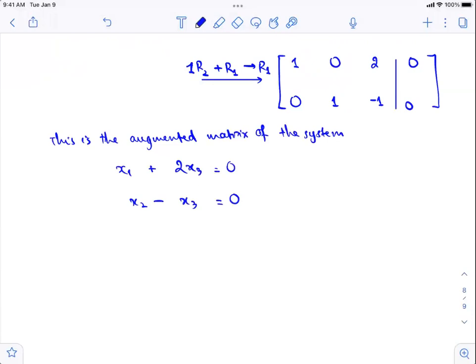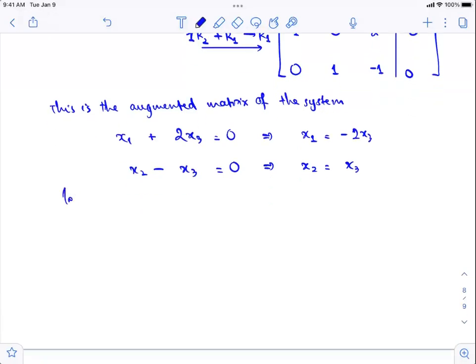And you can actually solve from these equations. You solve for x1 in terms of x3, and you solve for x2 in terms of x3 as well. So we get x1 equal to -2x3, and x2 is equal to x3. Right. And we choose x3 to be a free variable in this case.